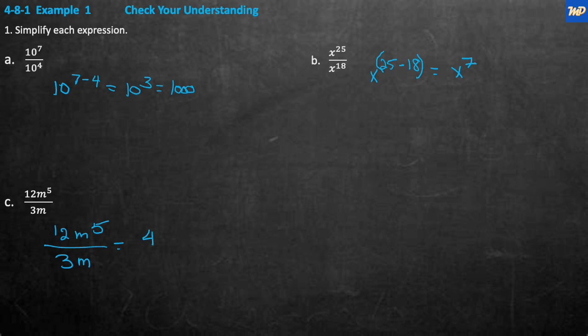Okay, and then we have 5 m's on the top and 1 m on the bottom, so it's m to the 5 minus 1, which is 4m to the 4th power. Okay?